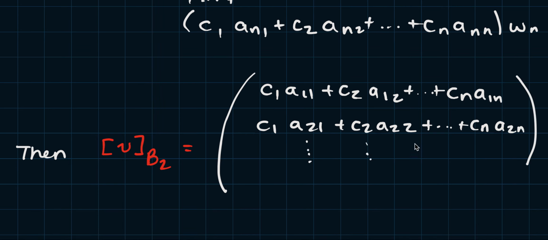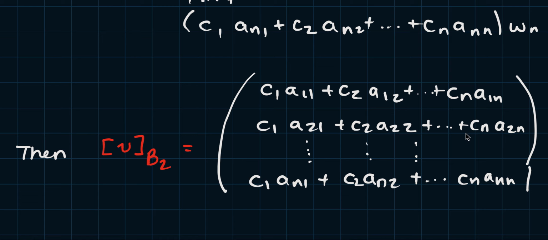Let's continue this. C1 An1, C2 An2, all the way to Cn Ann. Now it looks like these A's are in the right order, right? Because we have A11, A12, just like a matrix here.